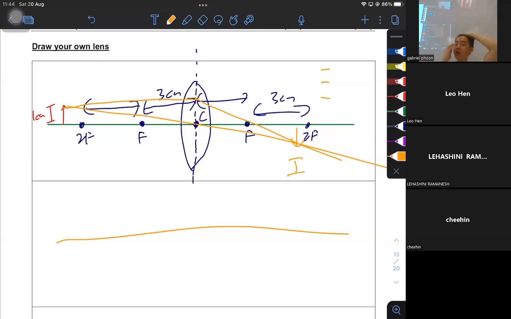You don't have to label the 3 cm, guys. The 3 cm is just an indicator for you to look at, but you must measure the 3 cm.